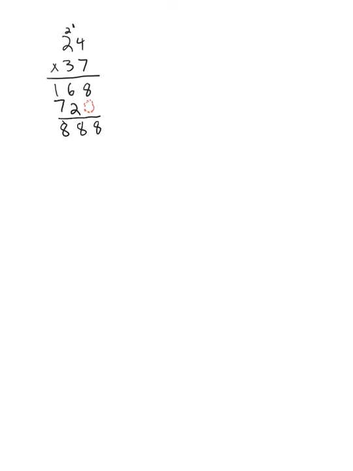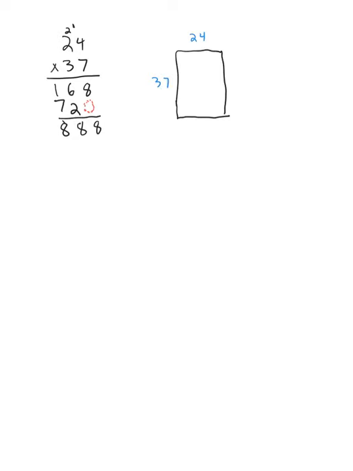Let's see if we can understand what this is doing via the array. So let's write it out. What do these numbers 168 and 720 stand for? So it's the same thing. It's going to be 24 by 37. All right.